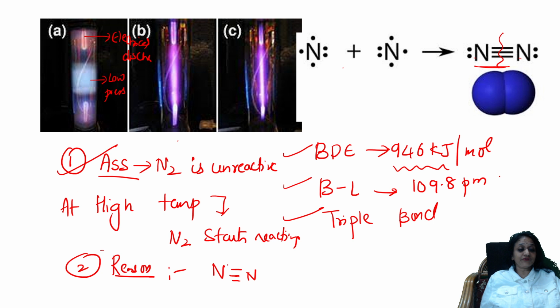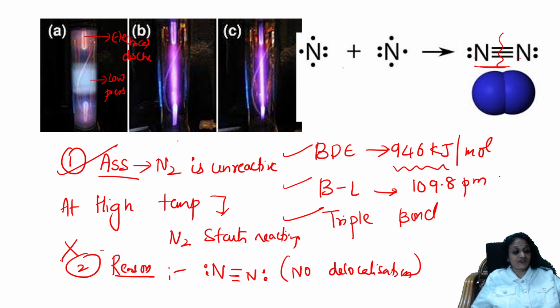It is completely fixed, the electrons are tightly bound, and there is no movement of electrons. That's why the reason is wrong. So both the assertion and reason are explained clearly.